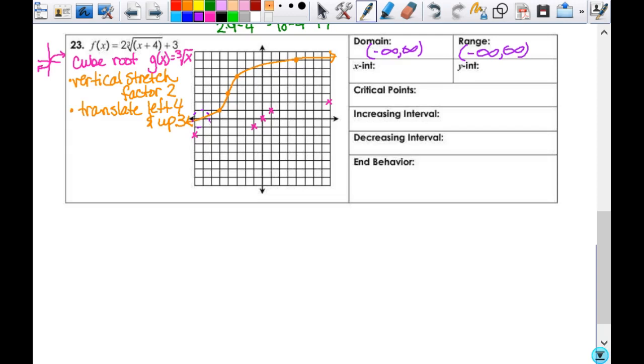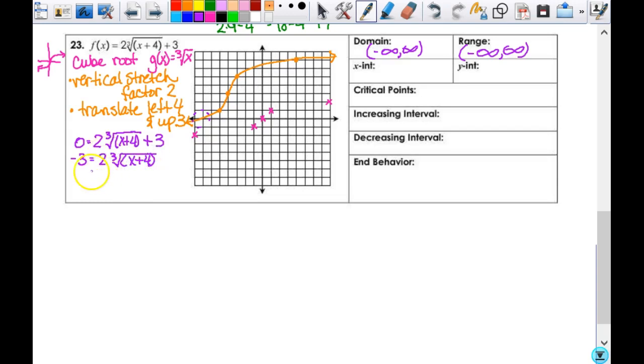Your x-intercept is the ordered pair that has an x value when y is 0. So I have to substitute 0 in for y. So 0 equals 2 times the cube root of x plus 4, plus 3. So I'm going to subtract 3 from both sides. So I get -3 is equal to 2 times the cube root of x plus 4.